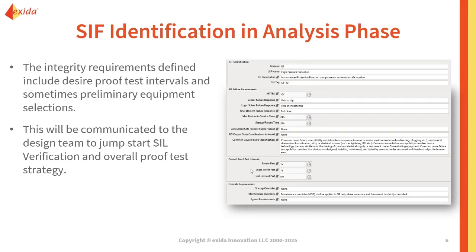This is used as an input into our SIL verification, and we might have to even change the intervals in order to meet our target SIL and our target risk reduction factor. So that is why here it says desired proof test intervals. The SRS is a nice way to hand off all of the information from the analysis phase to the person doing the design. And so this is just the start of defining our proof test strategy.